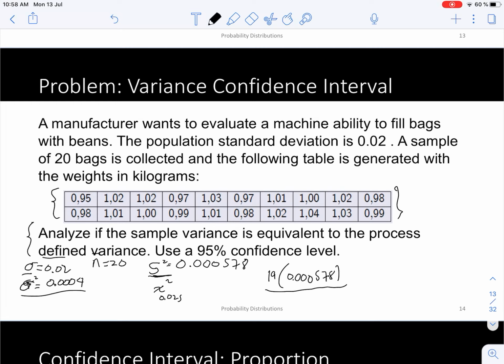If you find that value, it's going to be equal to 32.85. So remember, you can do it using the table or Excel, it's up to you. So this is 32.85.